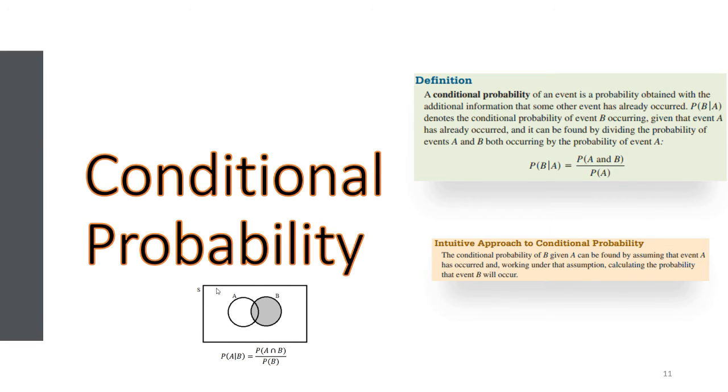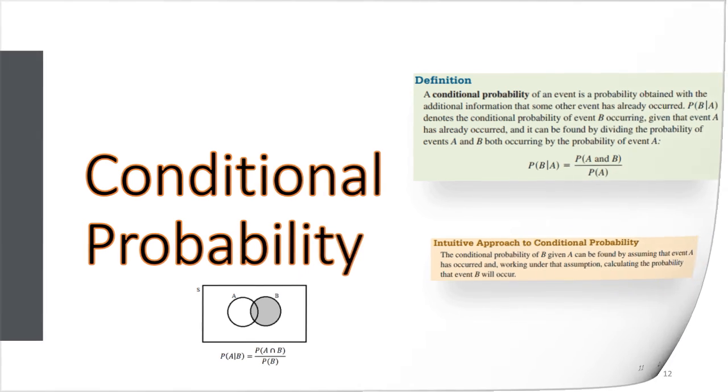However, since it's being assumed that the event B has occurred, then we are only interested in the elements in A that are also in B. So the probability of A, given that B has occurred, will be the number of elements in the intersection, in other words, the number of elements in A that are also in B, divided by the number of elements in B.